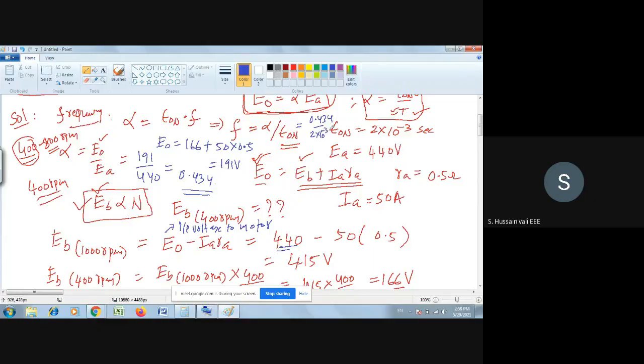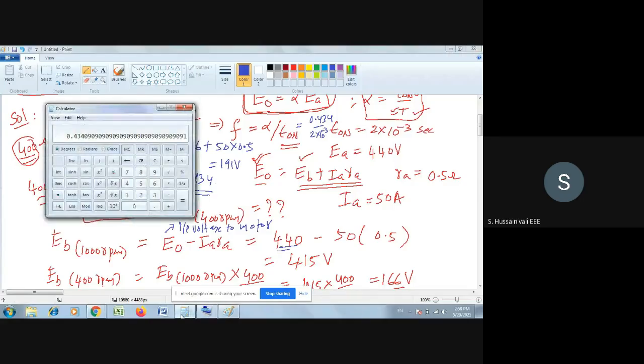Multiplying by 1000 and dividing by 2, we got 217. Am I correct? Just check this.